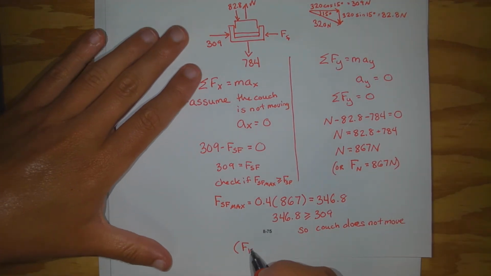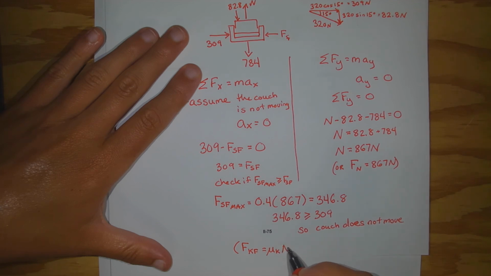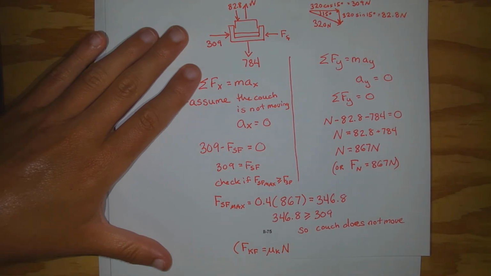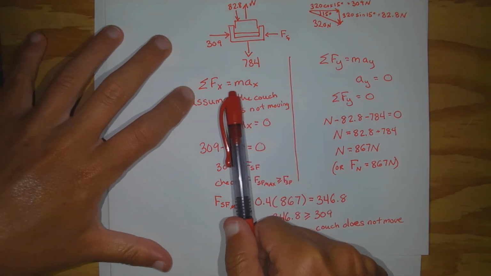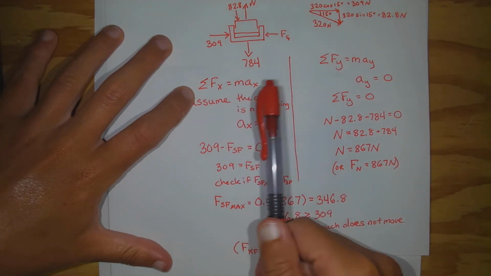the force of kinetic friction is equal to the coefficient of kinetic friction times the normal force. And I could put that into Newton's second law, and then I can solve for the acceleration.